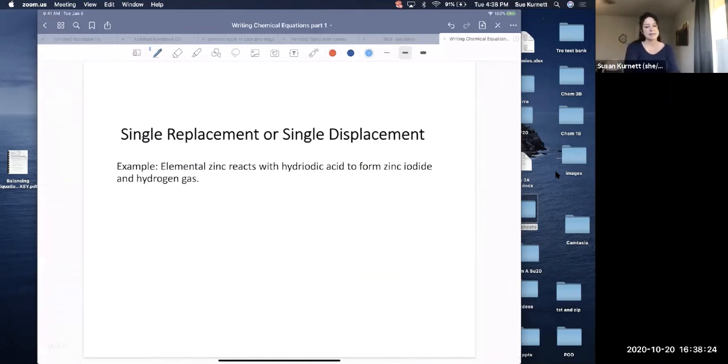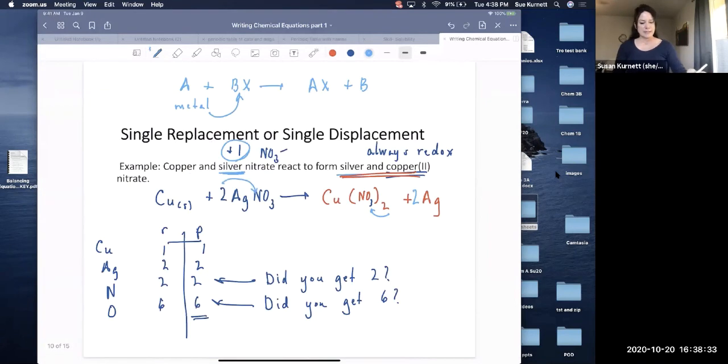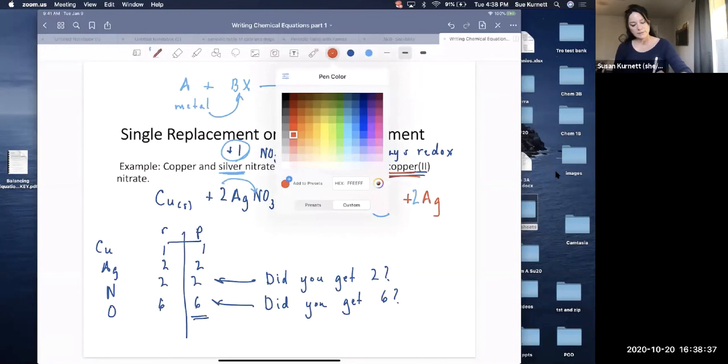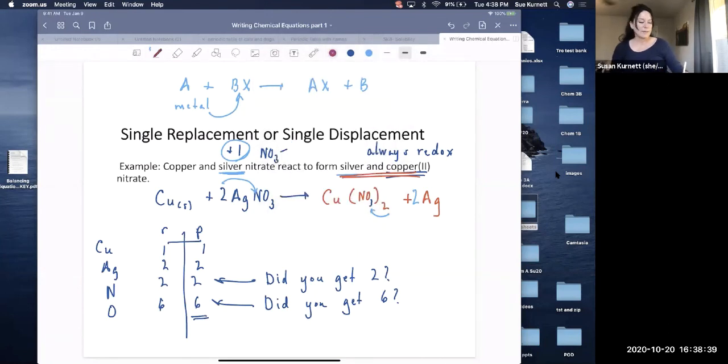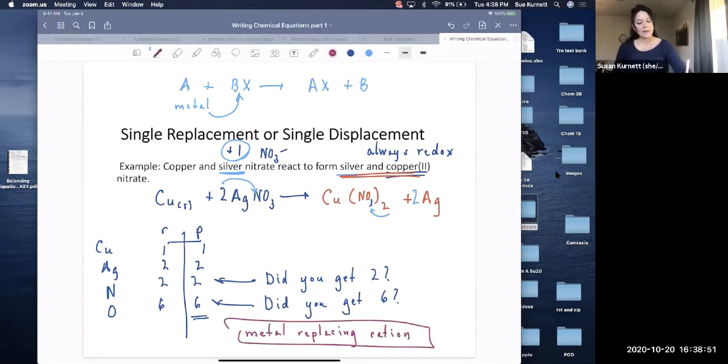Okay. So there's 3 flavors of single displacement or single replacement, and I call them displacement. The first flavor is we have a metal replacing a cation. Copper metal became copper 2.